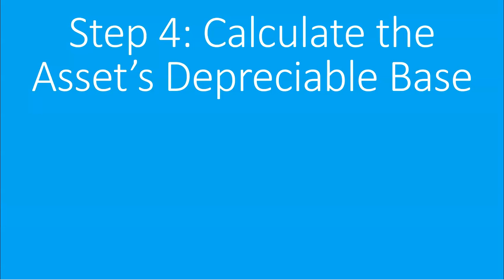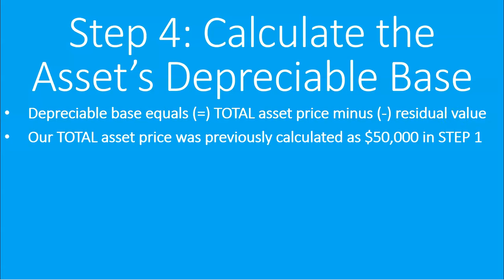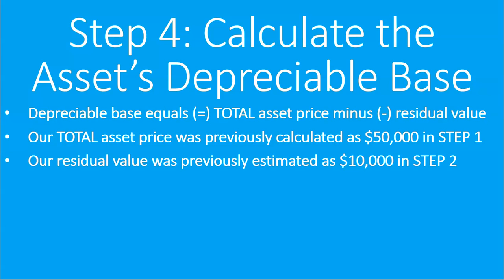What is the depreciable base? That means how much we can depreciate. And the depreciable base equals total asset price minus the asset's residual or salvage value. So our total asset price was previously calculated as $50,000 back in step number 1.